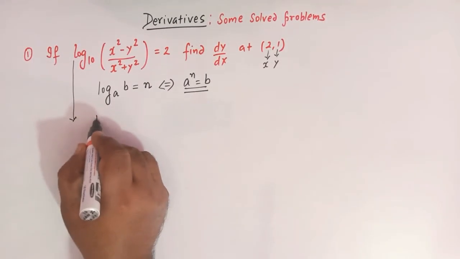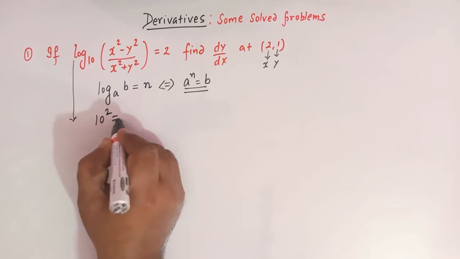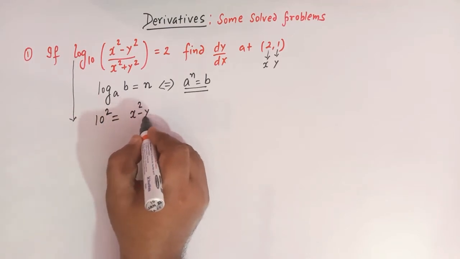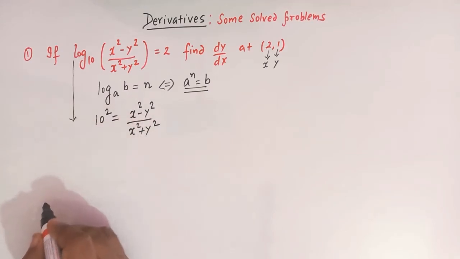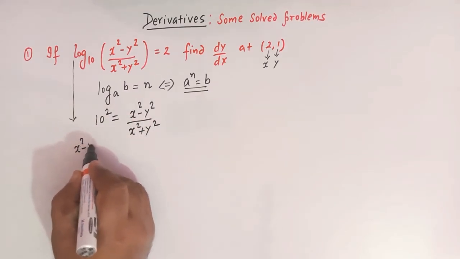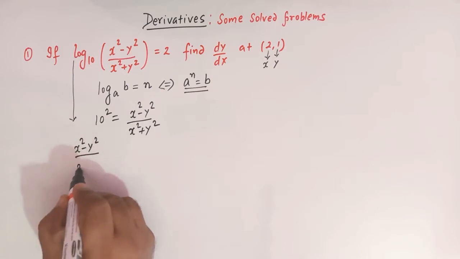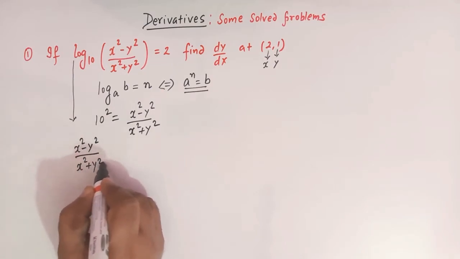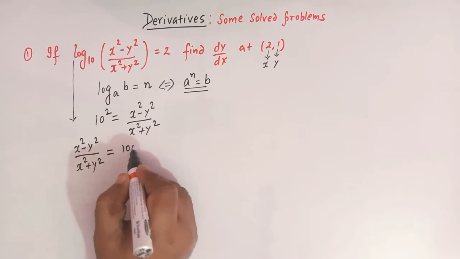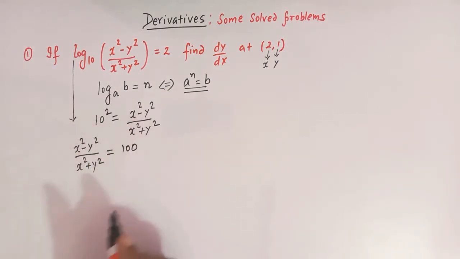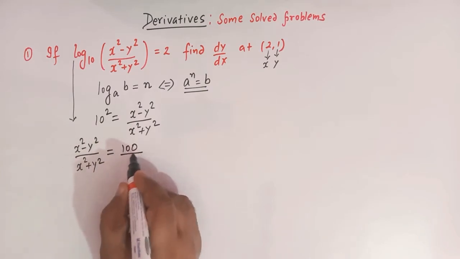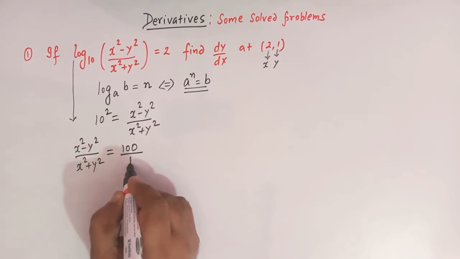So we have 10 square is equal to (x square minus y square) over (x square plus y square). So now we have (x square minus y square) divided by (x square plus y square) is equal to 100, because 10 square is 100. Now in the denominator of 100 we have 1.